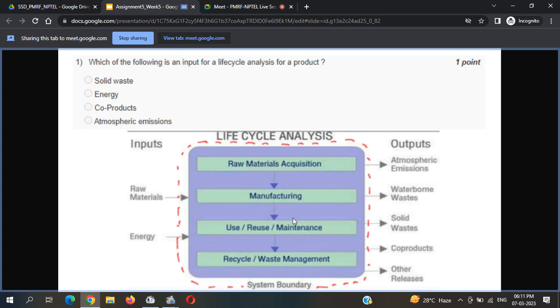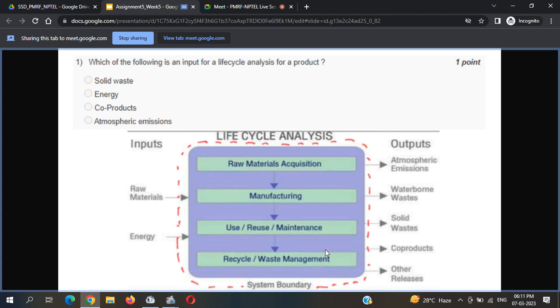Then we come to the use of the product, which can be further categorized into reuse of the product in some way and maintaining the product over the period of its use.